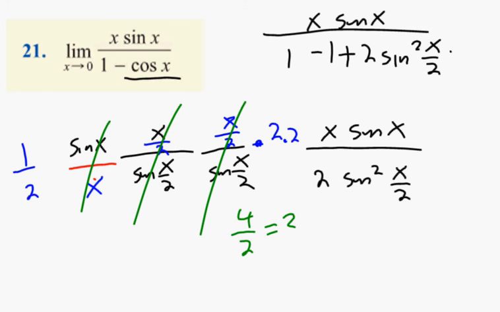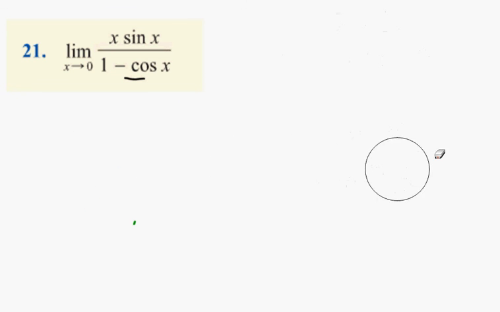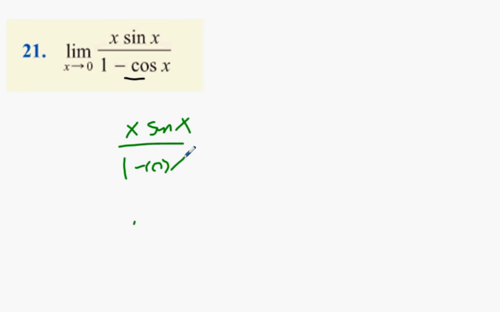Now there's another way of doing this. It involves multiplying by a conjugate on the bottom. So the conjugate approach would be like this. x sine x over 1 minus cos x, and I would multiply by 1 plus cos x, top and bottom. Does that make sense?